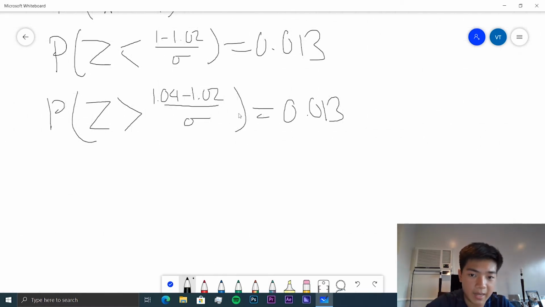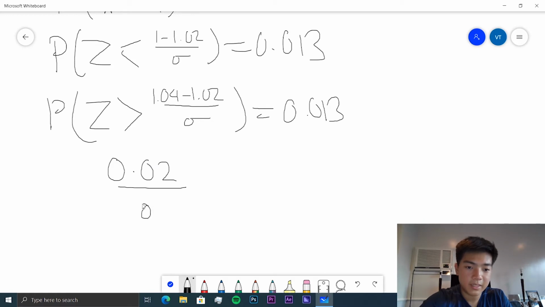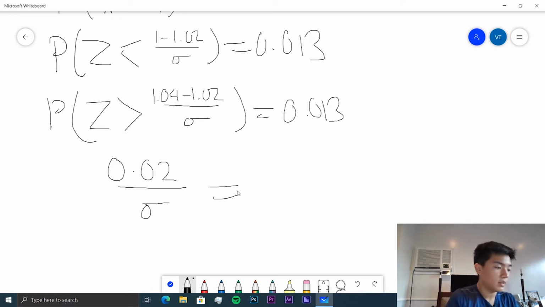So we can get that 0.02 more or less, divided by the standard deviation is equal to, let's reverse engineer 0.013, which is 0.987, which is by my book around 2.22.